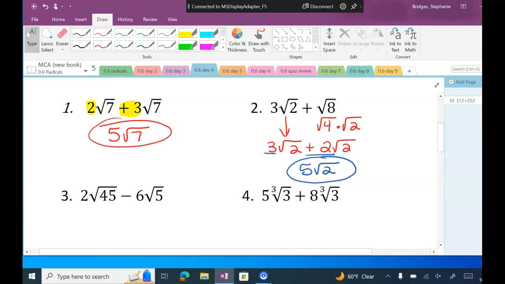Start with the 2 square roots of 45. Does 45 have a perfect square in it that we can simplify? Yes, so you need to work on that first. Then you look at the second term. That is 6 square roots of 5. Does the square root of 5 simplify? No, so that one's going to stay the same.